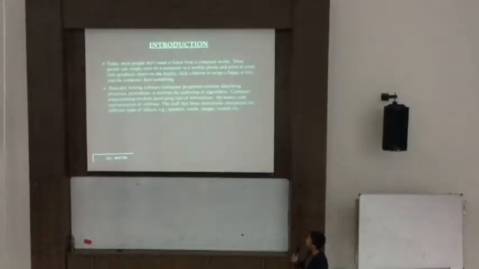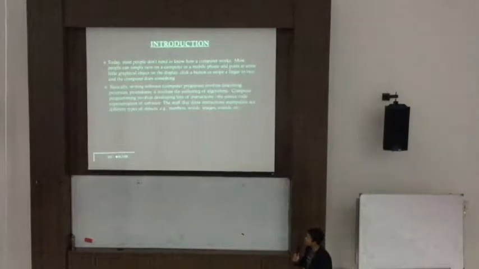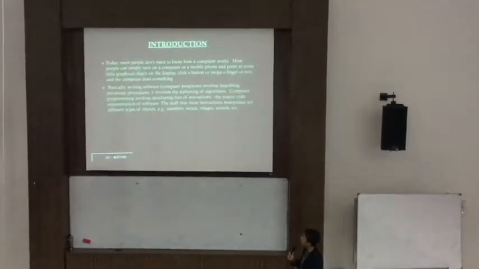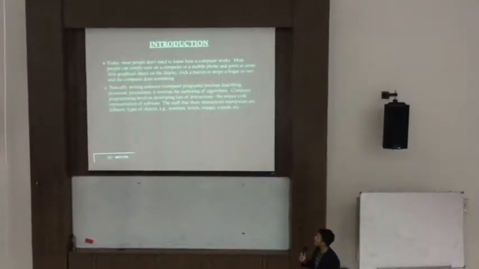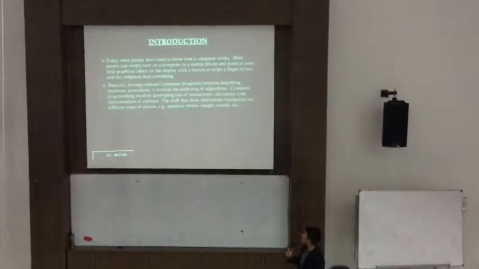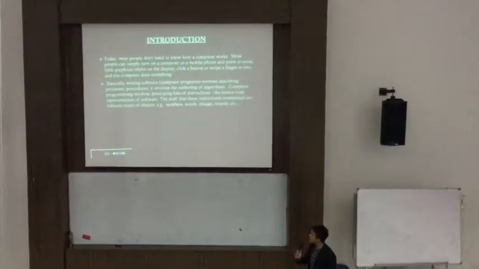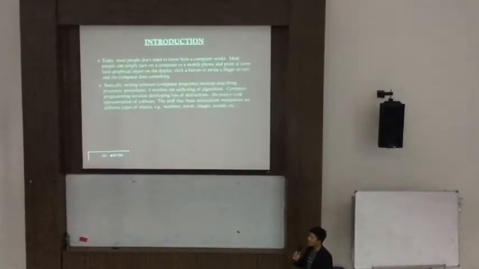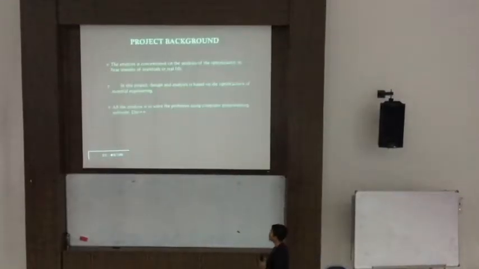It involves authoring the algorithm. Computer programming involves developing a list of instructions, the source code representation of software. The things that these instructions manipulate are different types of objects, for example numbers, words, images, and sound.